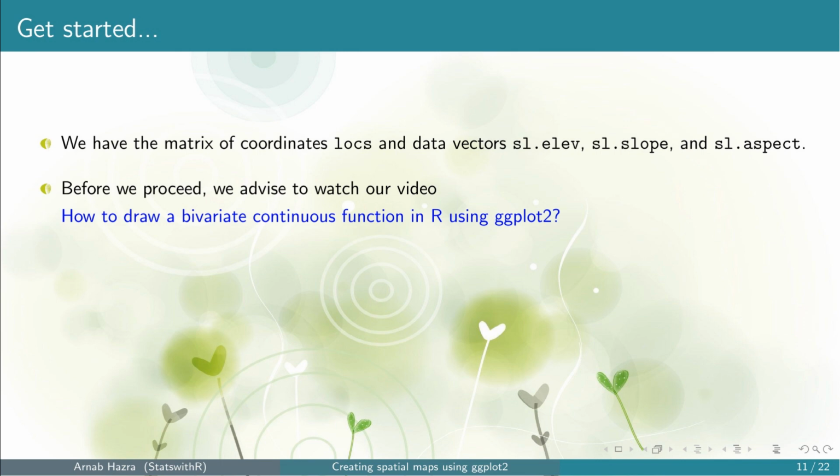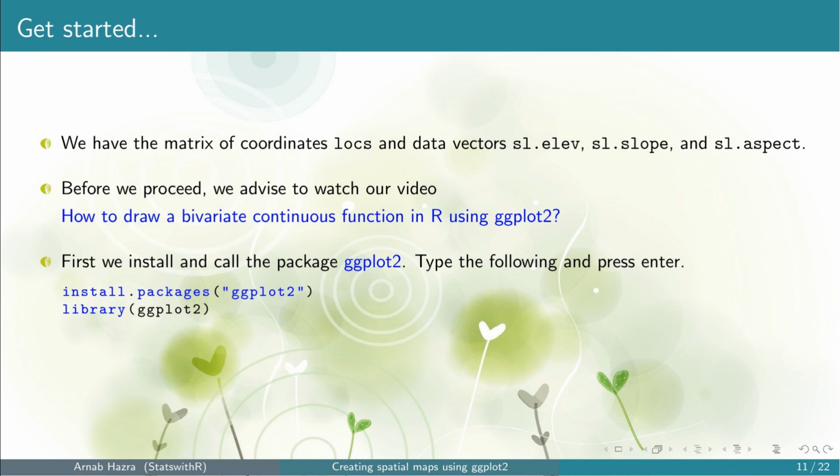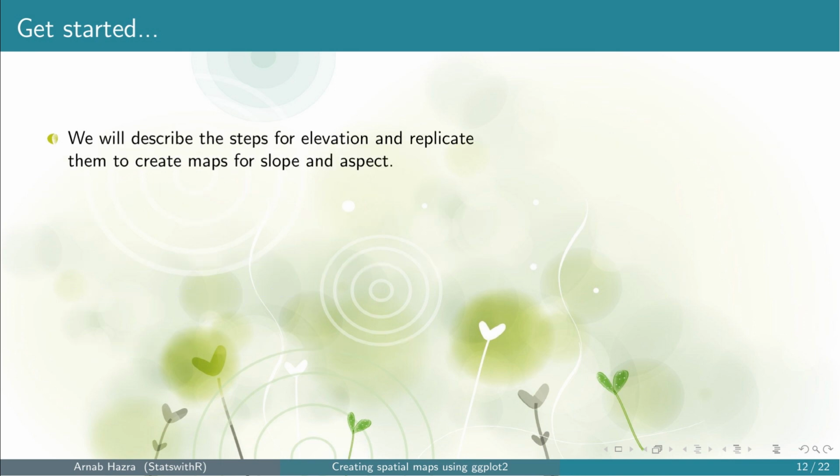Let's move on. First, we install and call the package ggplot2, similar to the packages raster and maps. Okay, now we are ready to proceed with our first spatial map. We will describe the steps for elevation for the time being. Later, we will replicate them to create maps for slope and aspect.